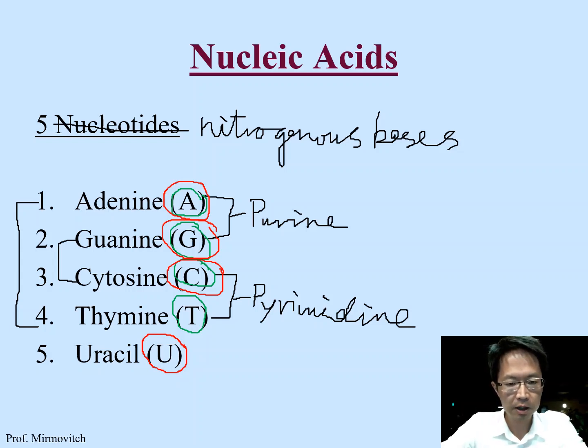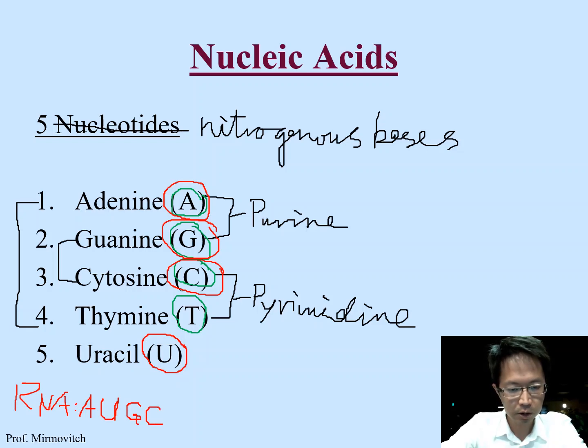So let me write here. RNA uses A, U, because they form the bond together, and then G, C. This is the way I usually do it. And what about DNA?